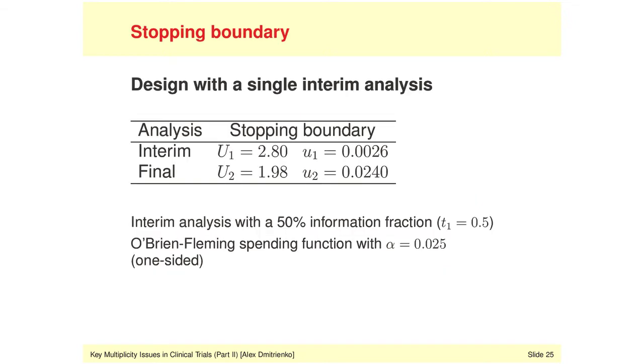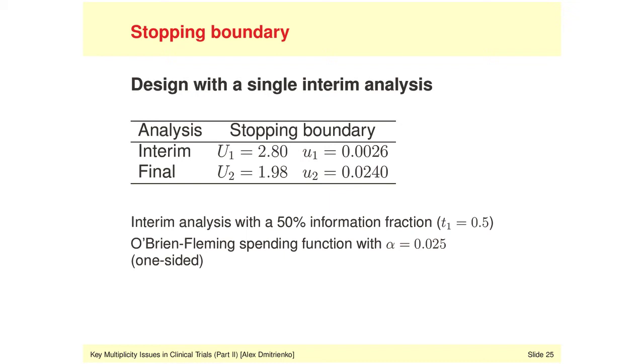We're going to assume the same stopping boundary that we considered in section E1. We will assume that the adjusted significance levels or adjusted critical values are derived from the O'Brien-Fleming spending function.